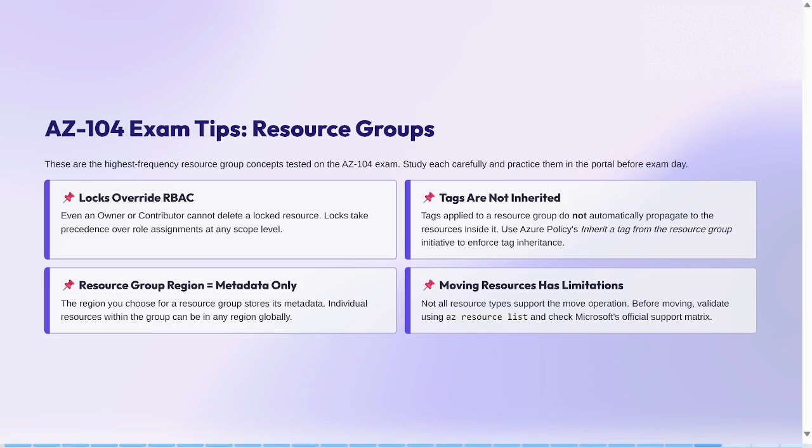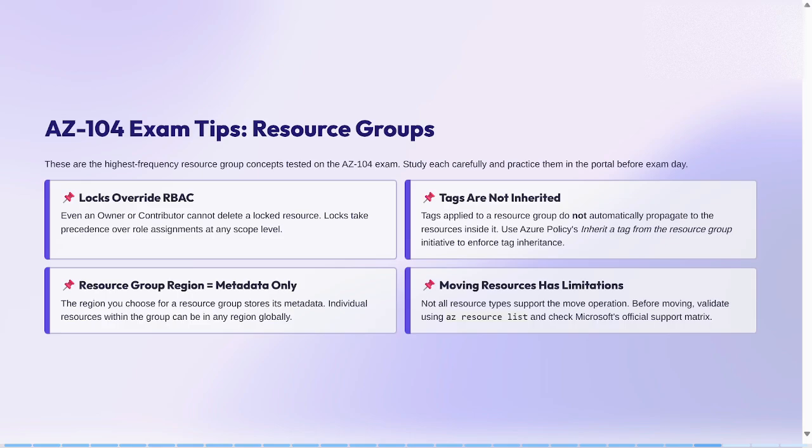So now let's review the resource group concepts for the AZ-104 exam. Here the first and most important concept is resource locks take precedence over user permissions. Remember, RBAC controls who can perform an action. Resource locks control whether that action is allowed.